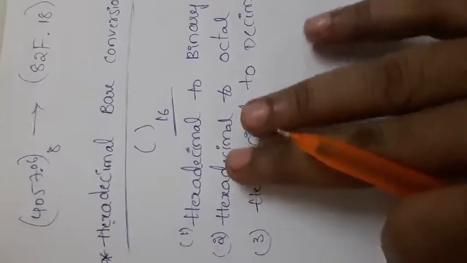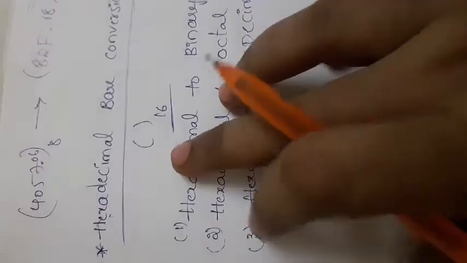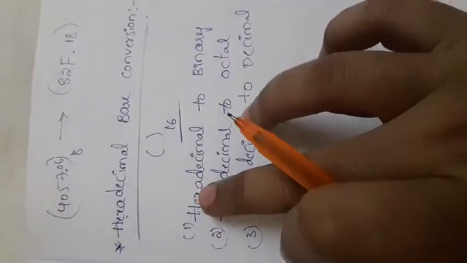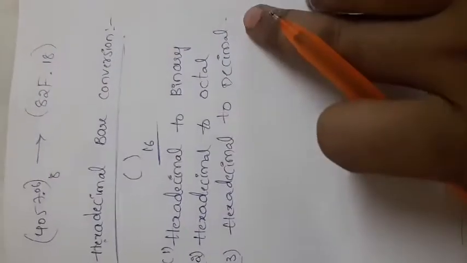So in binary, octal and decimal base conversions also, there are three types of conversions to convert to another base. In hexadecimal also there are three types: one is hexadecimal to binary, another is hexadecimal to octal, and the last one is hexadecimal to decimal.